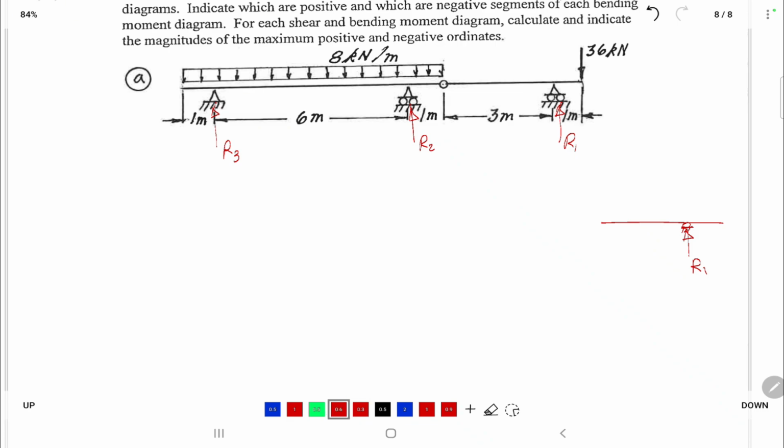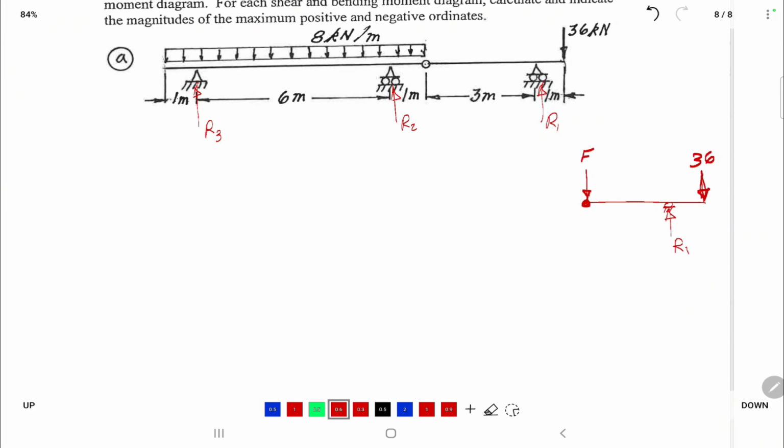Okay, and here it is 36 kilonewton. This one is a reaction, call it F, at the hinge. So how can I compute F? We can compute F like this. Sigma moment about this point, which I call point 1, equal to 0.